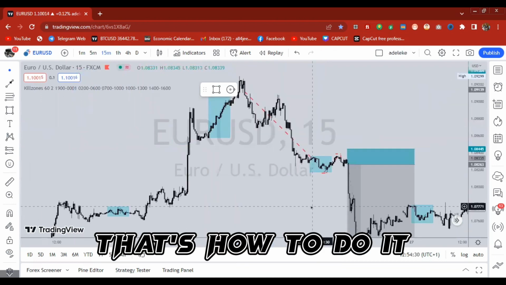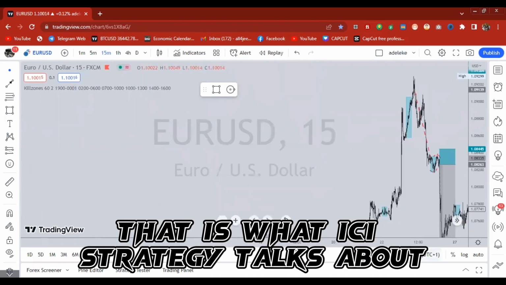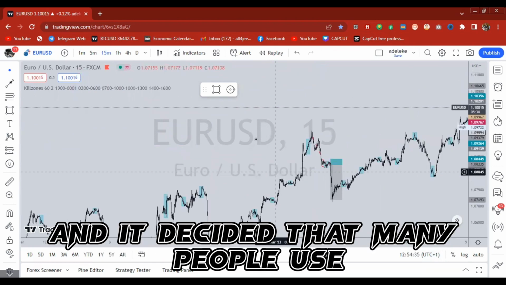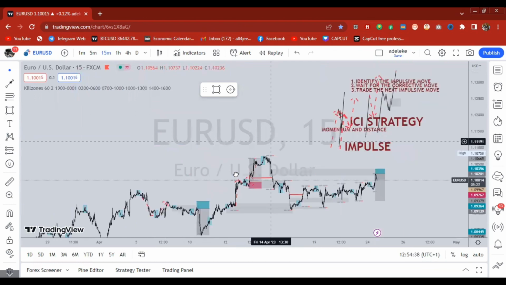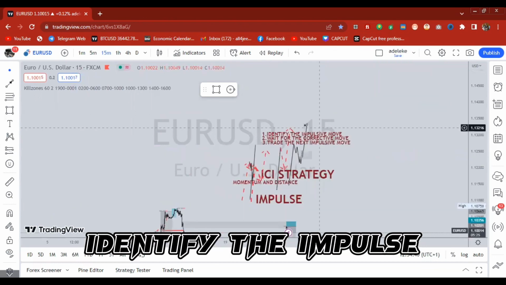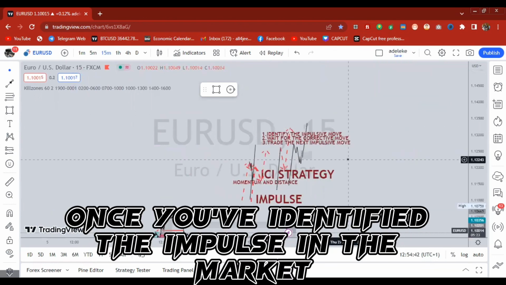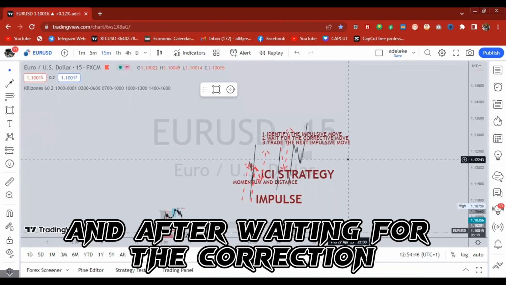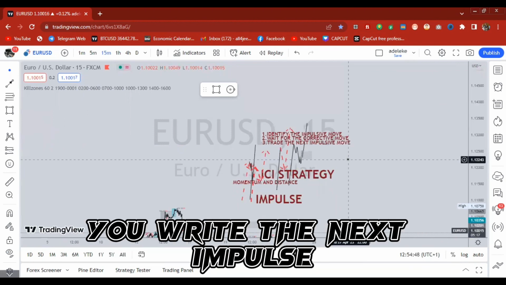That's how to do it. So that is what the ICI strategy talks about. It is very easy. You can backtest it, and it is something that many people use, and it gives them money in the financial market. Identify the impulse. Once you've identified the impulse in the market, the next thing you do is wait for the correction. And after waiting for the correction, you ride the next impulse.